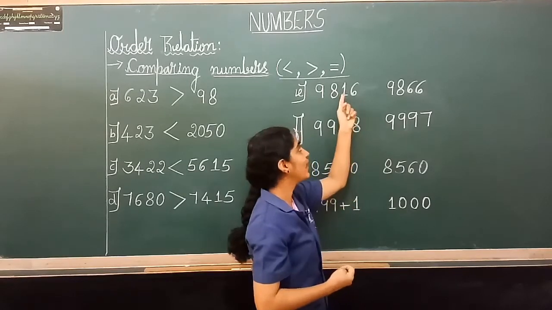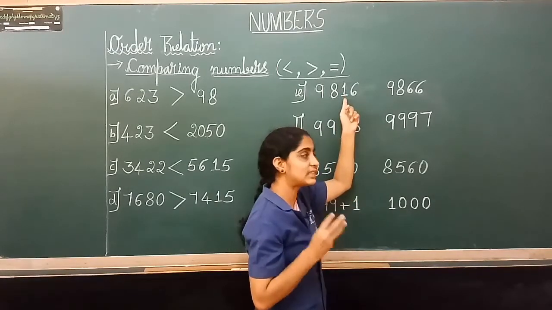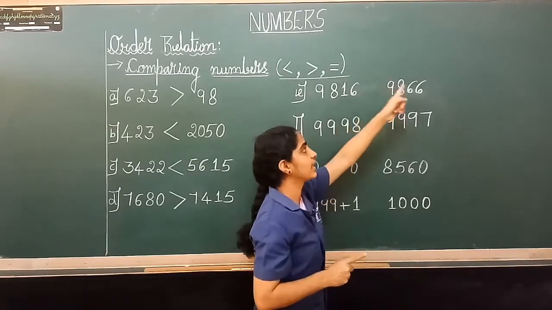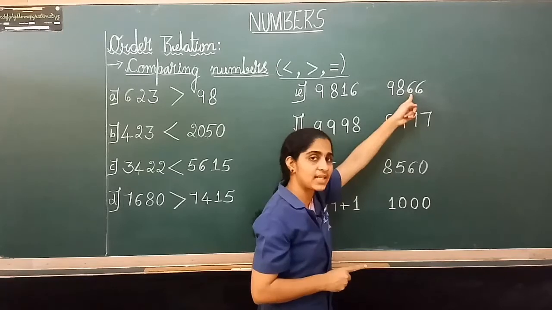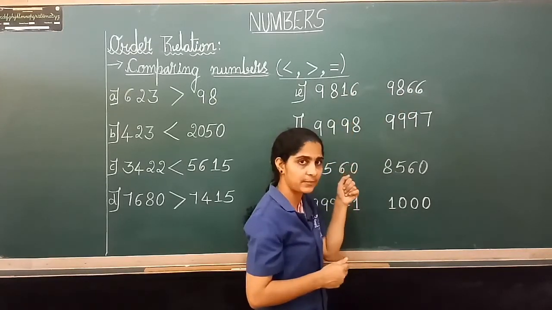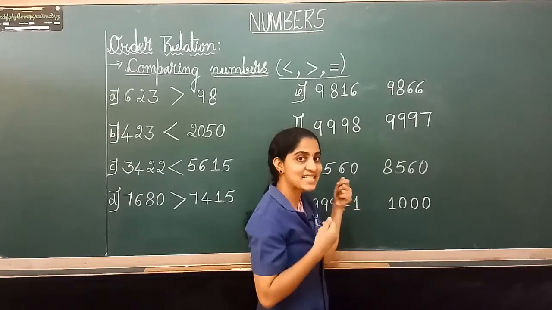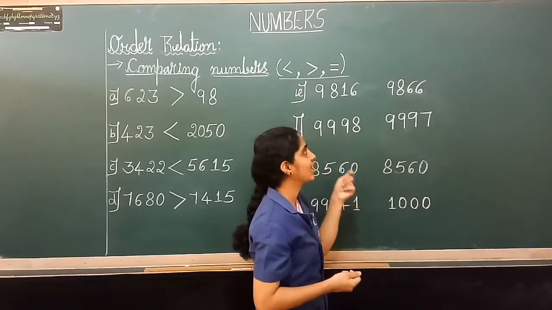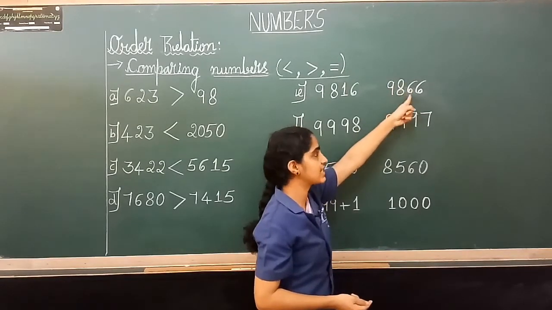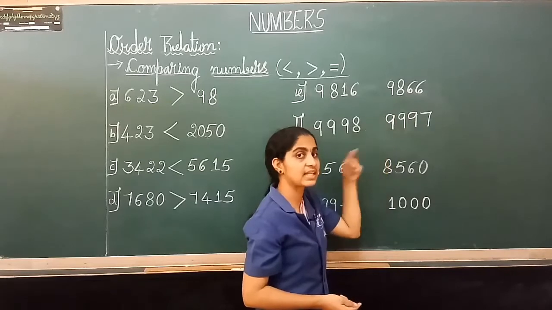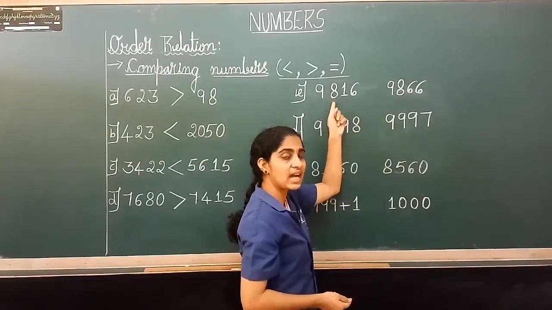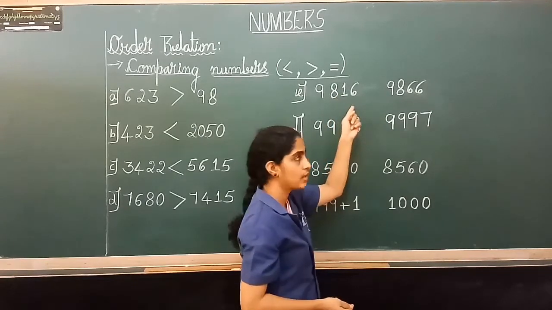Very good. We have to compare the third digit. Here we have 1. On the other side, we have 6. So which is greater? 1 is greater or 6 is greater? Yes, 6 is greater. That means 9866 is greater than 9816.